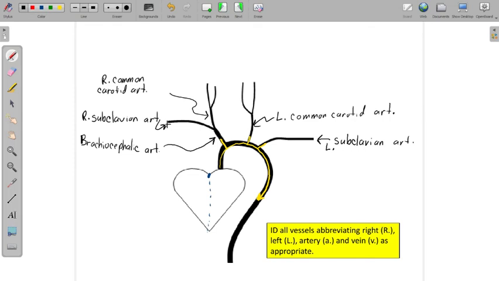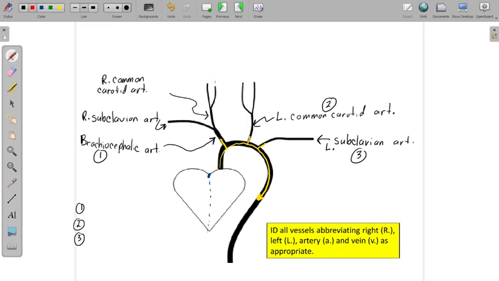So, if you had to list the 3 branches in order coming off of the arch, 1, 2, and 3, your first one would be the brachiocephalic. Your second one would be the left common carotid, and the third one would be the left subclavian. Okay, so let's split the common carotids into the internal and the external.